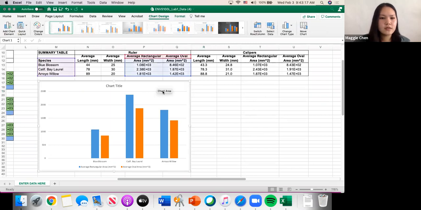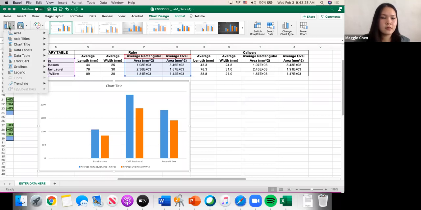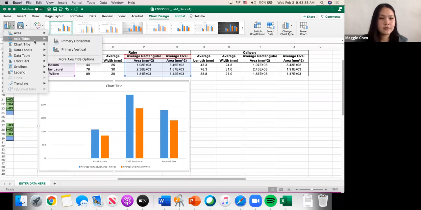So just click onto your chart, and under chart design, all the way on the left-hand side of this toolbar, you can add chart element. Once you click onto that, there's this drop-down bar with all of these different things that you can add to your chart. But right underneath axes, there's axes title. So we're going to want to add in our primary horizontal, our x-axis title, and then primary vertical, our y-axis title.